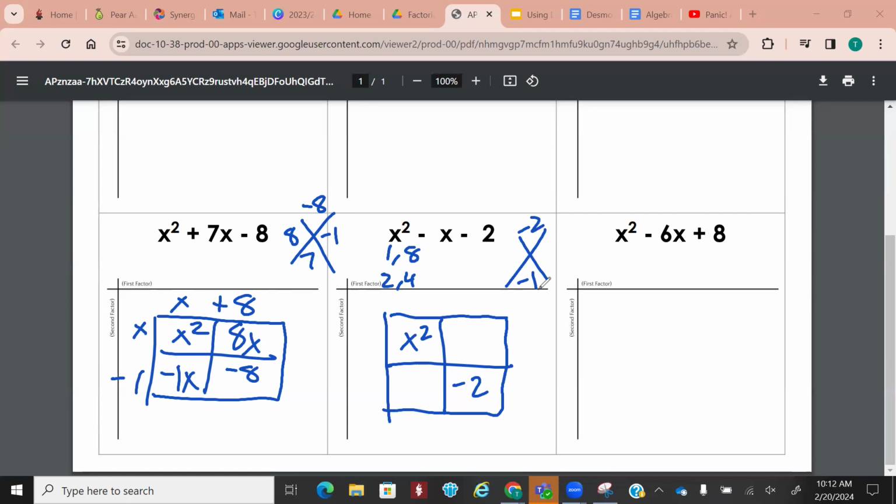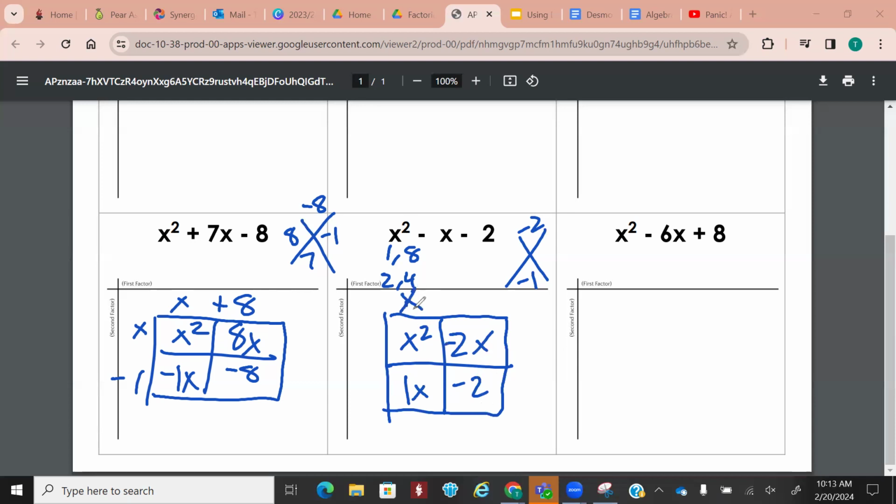What would you get? 2 and -1. Okay, so we're going to fill those in. Would it be -1? 1 and -2. Good. And we have to make sure that we're careful on those signs.